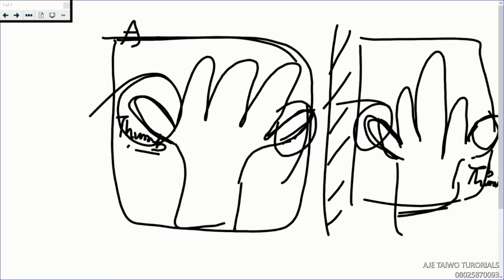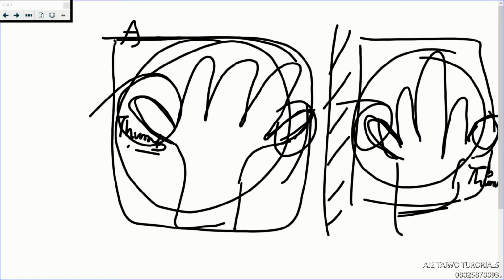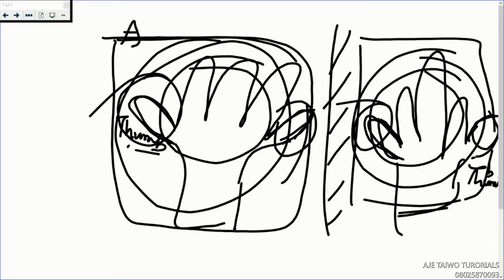We say the two hands are mirror images of each other and they are not superimposable, which means you cannot overlap them on each other. They are non-superimposable, and these two are called optical isomers.